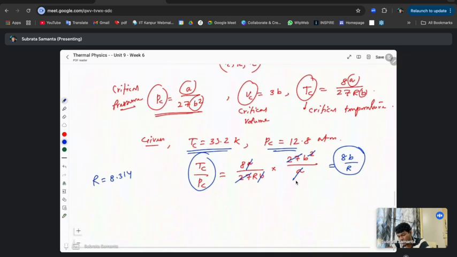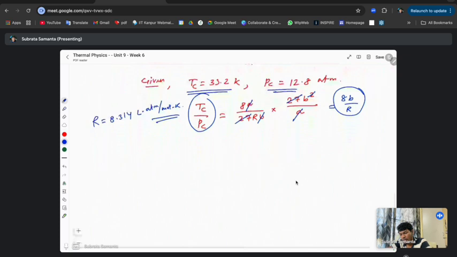So then we can easily calculate the value of B.